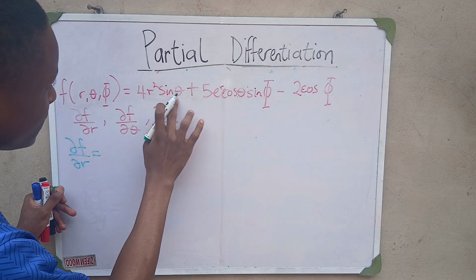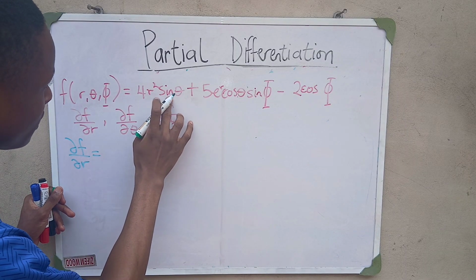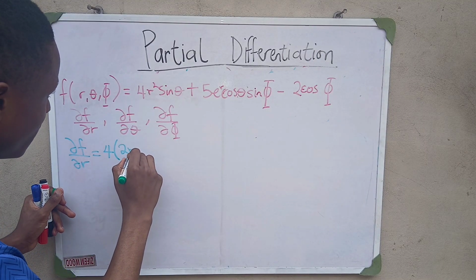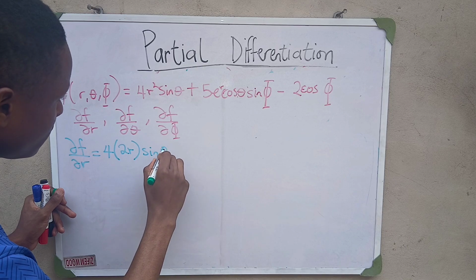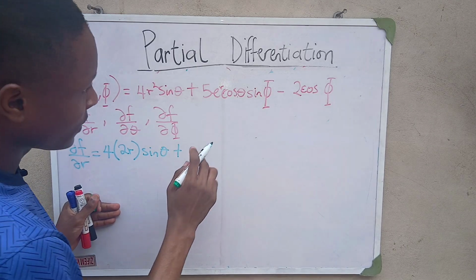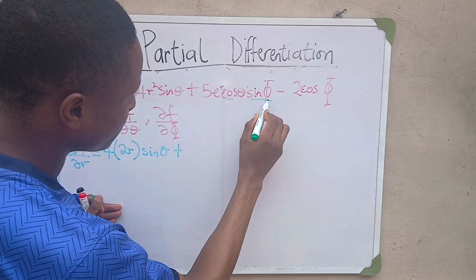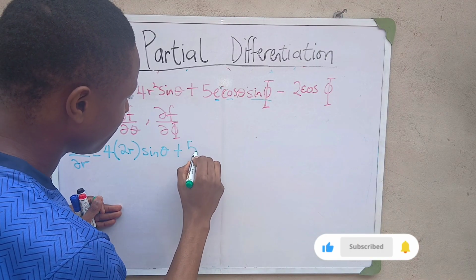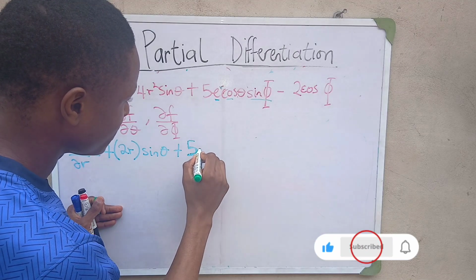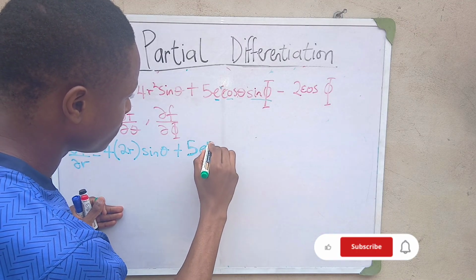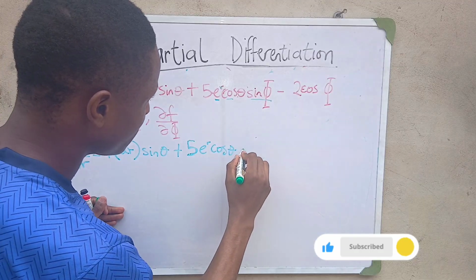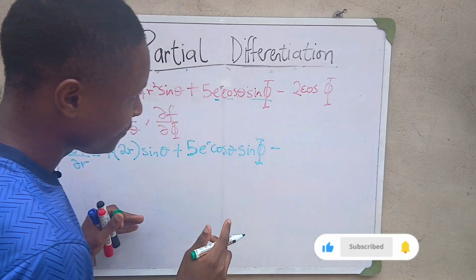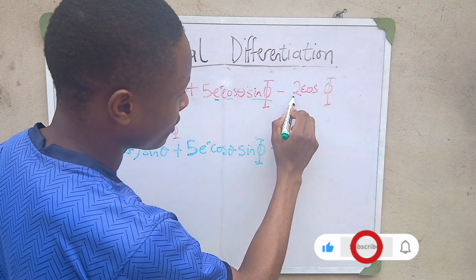So differentiating this, sine theta is a constant here. So we have 4 into differentiating r square, we'll be having 2r sine theta plus, this and this are constant. So we differentiate e raised to power r since it has r. So we have 5 e raised to power r is still the same as e raised to power r cos theta sine psi minus, we don't have r here and these are constant.